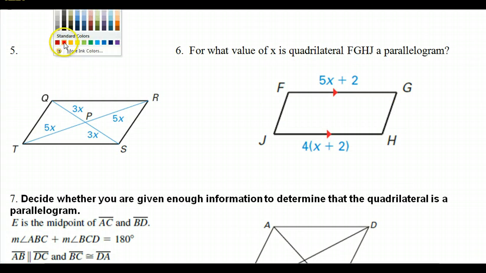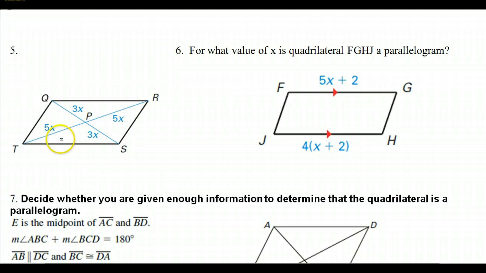Okay, look at number 5. Why do we know that this quadrilateral is a parallelogram? Well, look at these numbers, 3x and 3x. So we know that these are congruent, 5x and 5x. So these are congruent. So these are diagonals.